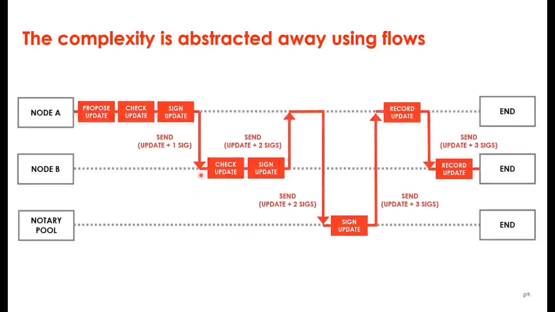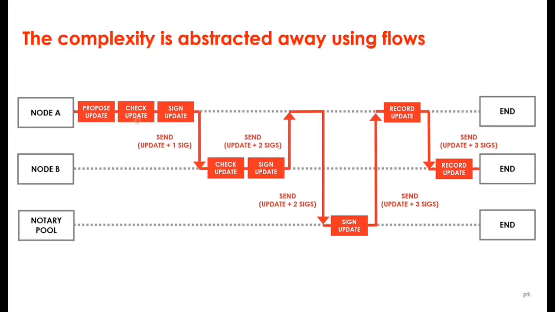Here is a Corda flow, and you can see it is a set of steps to complete an action or a transaction. We see here node A, which is a user, an organization on the network, proposes an update. This is an update to the ledger, so this could be an exchange of cash or something of value, some other asset.